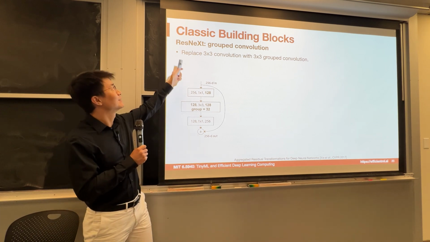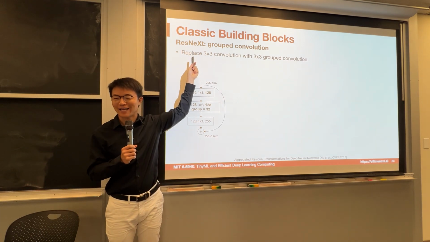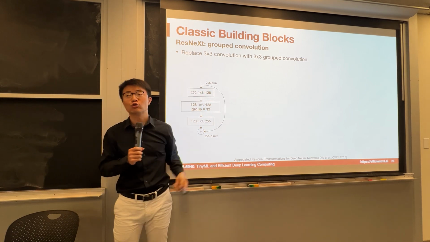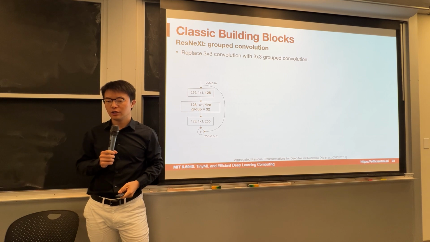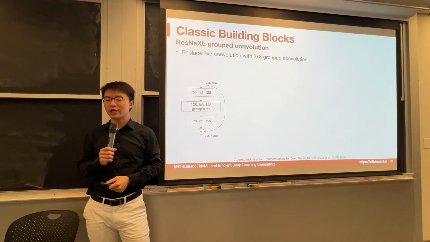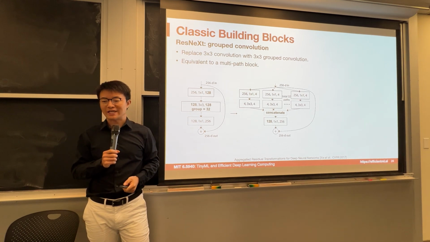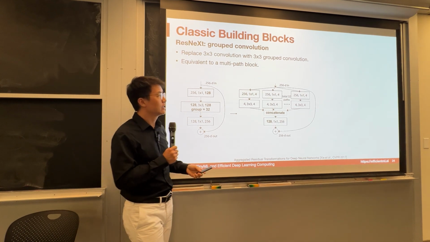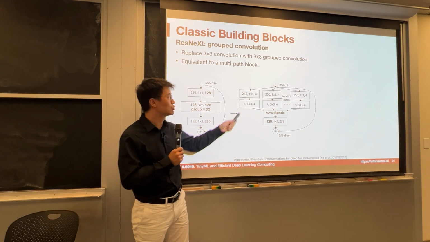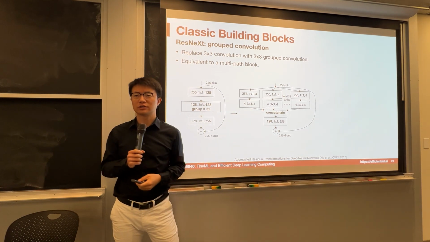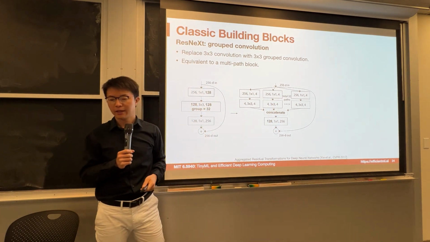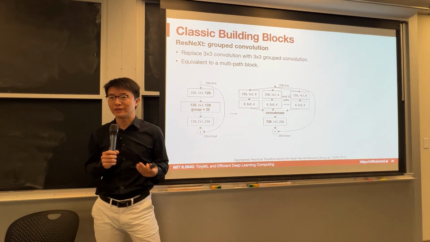Next, ResNeXt further improves the efficiency by introducing grouped convolution. So rather than 128 channels by 128 channels, ResNeXt divides them into 32 different groups. Each group has only 4 channels, so 4 channels times 32 is exactly equal to 128.